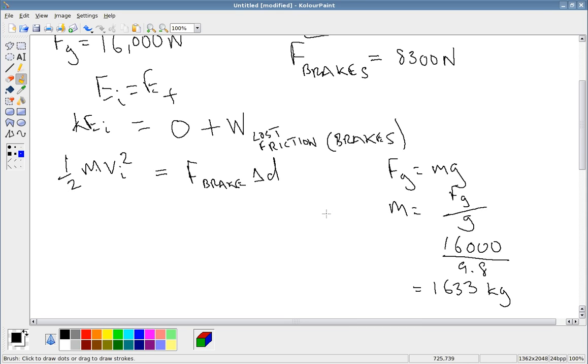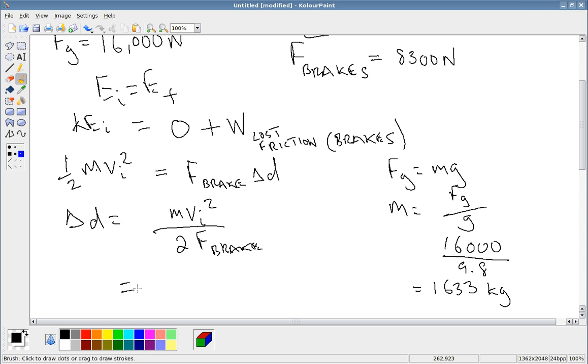Next, we can now solve this equation algebraically for delta D, and let's do that. I'll just change it slightly because the 2 is in the denominator and so is F brake. So it looks a little cleaner.